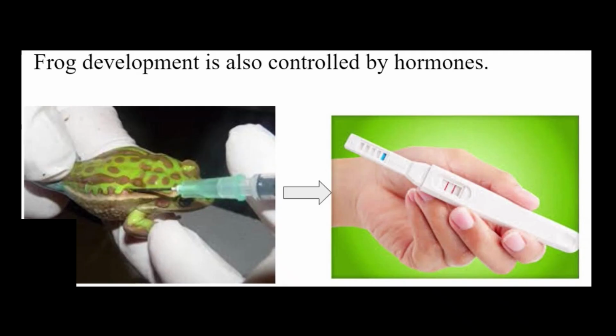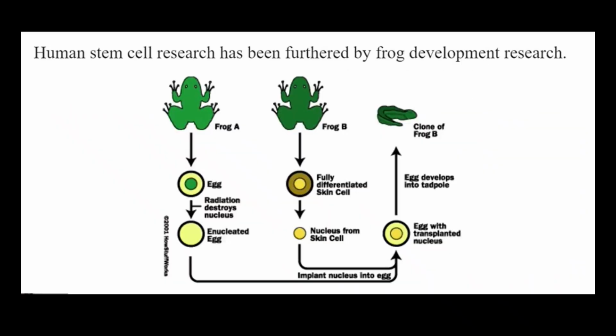Now we use an immunochemistry technique, and frogs are not used anymore for that. But it's just something interesting, an application that maybe you have heard before or maybe you never heard before.